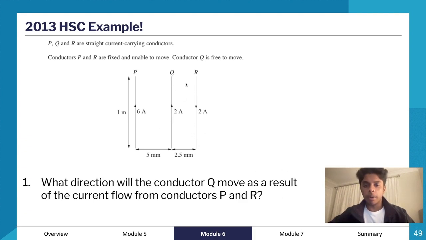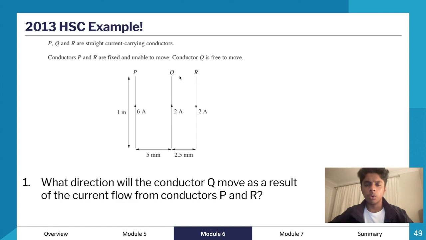If you think about this, we found earlier that when they're in opposite directions, comparing Q and R now, when the current travels in opposite directions, there will be a repelling force.